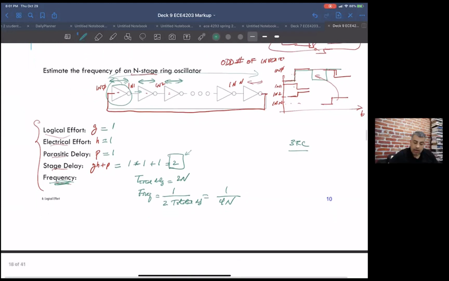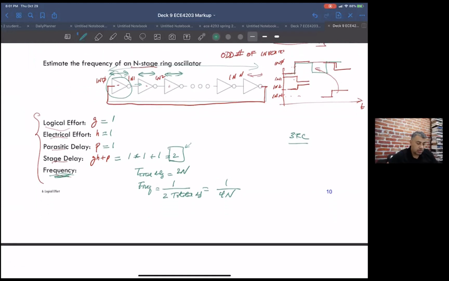Now let's say we want to pick a process, the 65 nanometer process, with R equal to 10 kilohm and C equal to 0.1 femtofarad. Then we figure out tau equal to 3 times R times C, and in this case it ends up being 3 picoseconds.